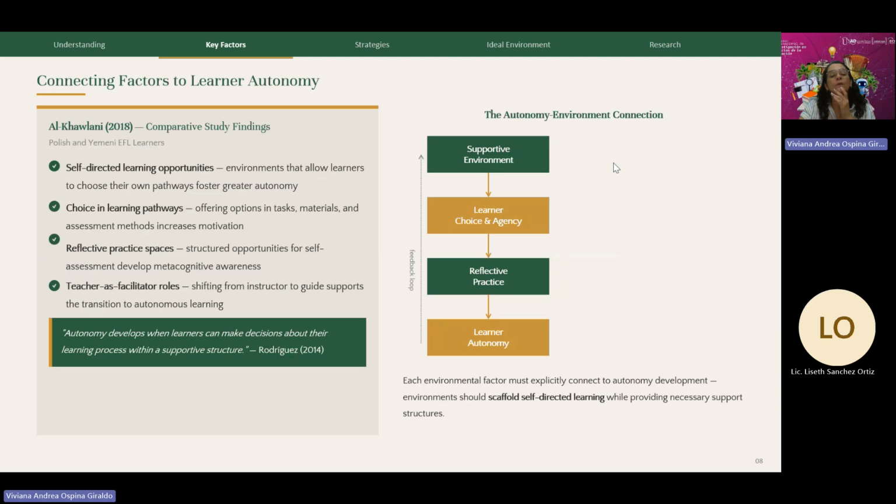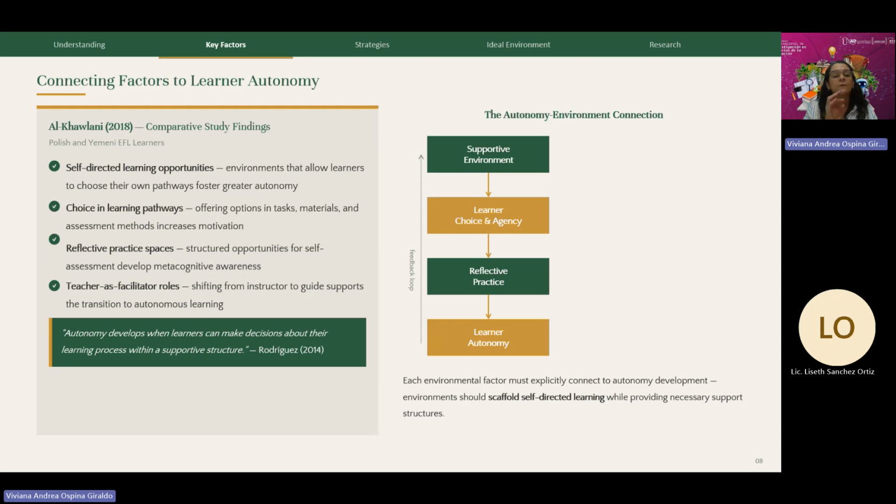So when we go back to this comparative study, I want to focus here because I think it's important that we look at these four different things that this particular author, Al Kaulani, found in his study.